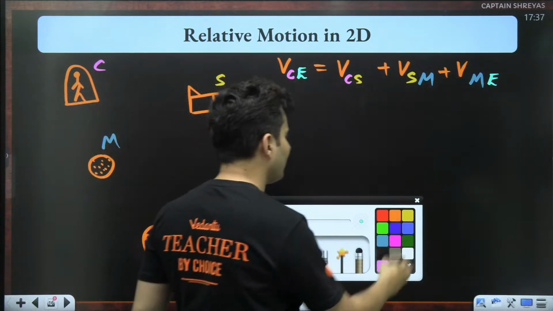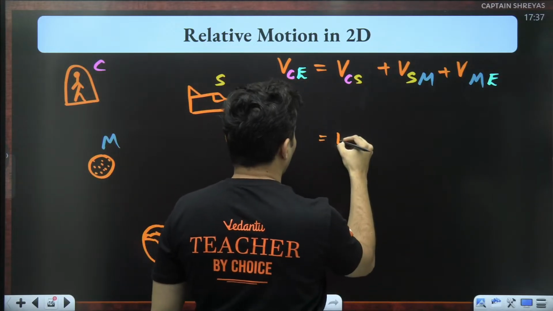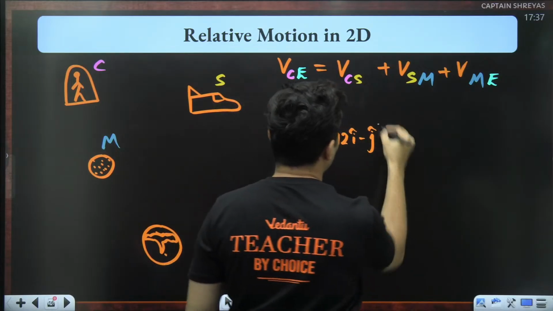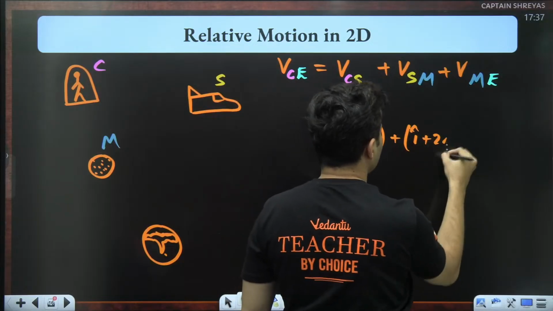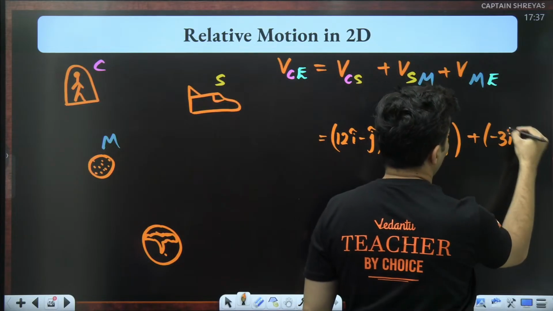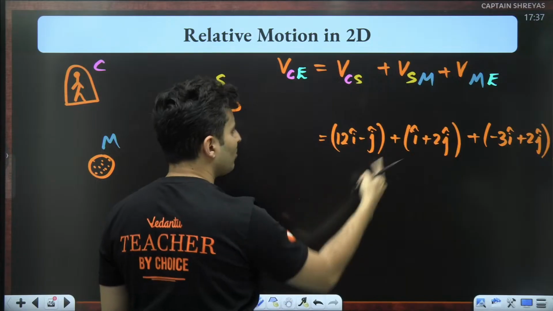It could be anything. Maybe this quantity is 12 i cap minus j cap. Maybe this particular quantity could be i cap plus 2 j cap. Maybe this quantity could be minus 3 i cap plus 2 j cap. Anything. So adding all these numbers, what do we get?